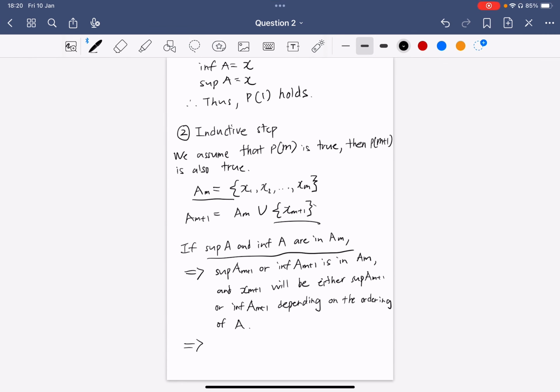And so, thus, by the principle of mathematical induction, Pm plus 1 is true. And we assume Pm plus 1 is true, and we've shown that it's true, then Pm is true.